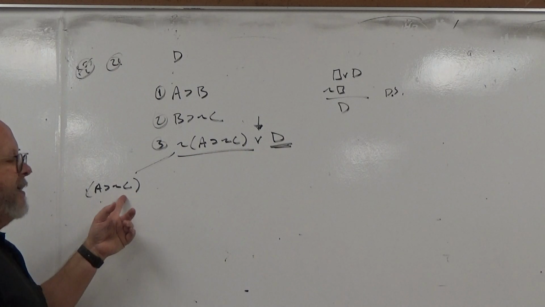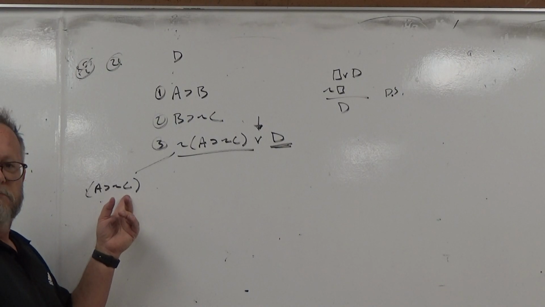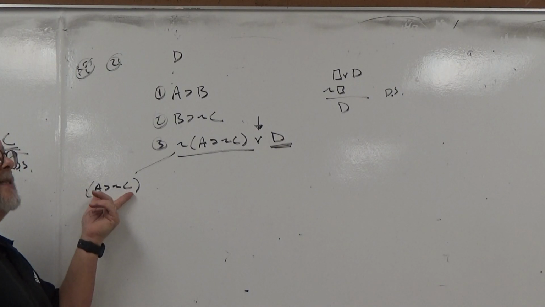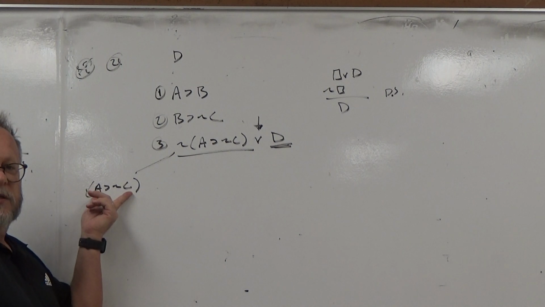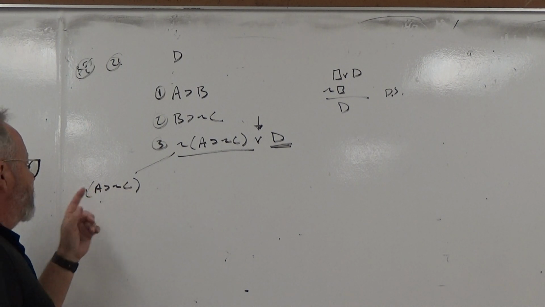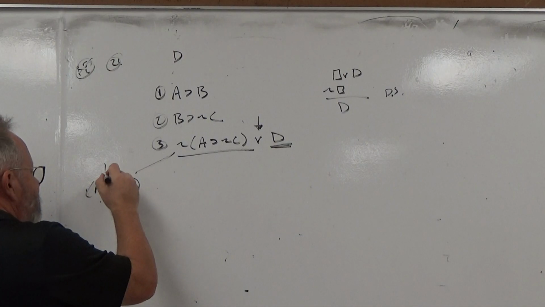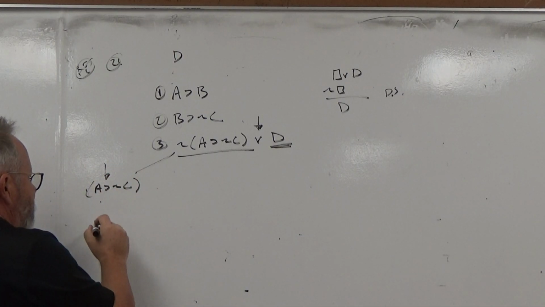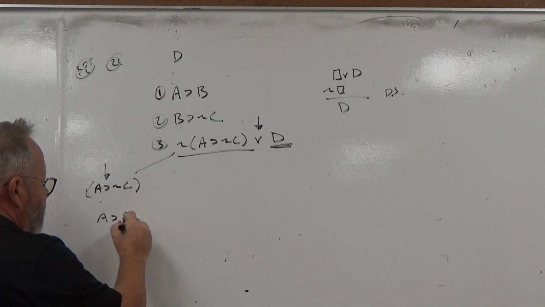I don't see A then not C. Okay? I don't see its opposite in the antecedent of a conditional. But, so now I'm going to start thinking, wait a minute, this is a conditional. Do I have any tricks to make conditionals? Well, here's one trick.